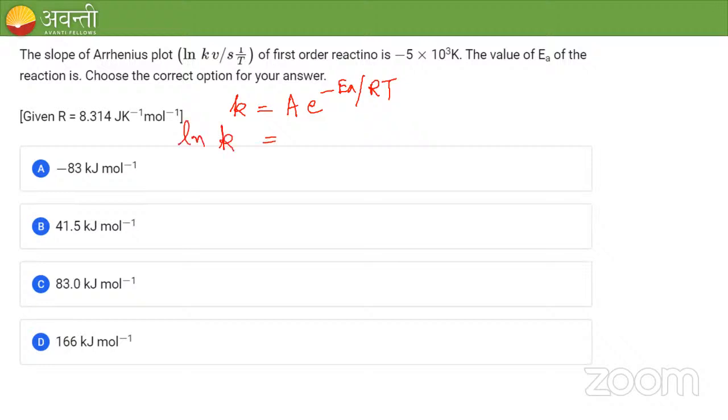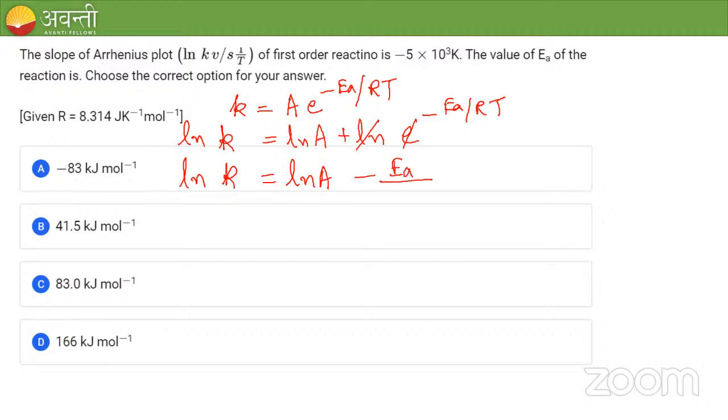So ln k is equal to ln A plus ln e power minus Ea by RT. Here the logarithmic function and exponential function will get cancelled out. So write the remaining thing: ln k is equal to ln A minus Ea by R into 1 by T.